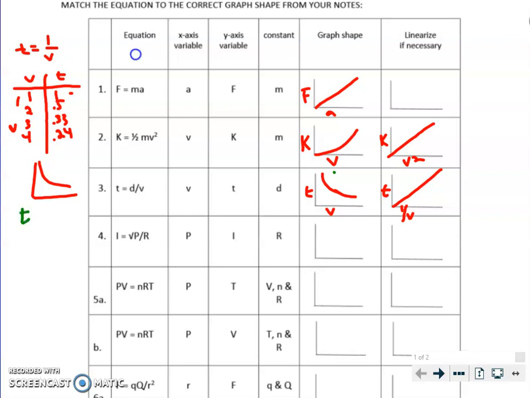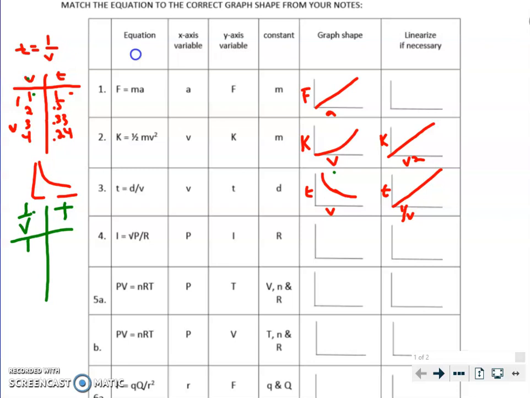So if I make another table of t and 1 over v, follow along. I'm going to put 1 over v as my x-axis. My original v was 1, so I'm now going to do 1 over 1, which is 1.